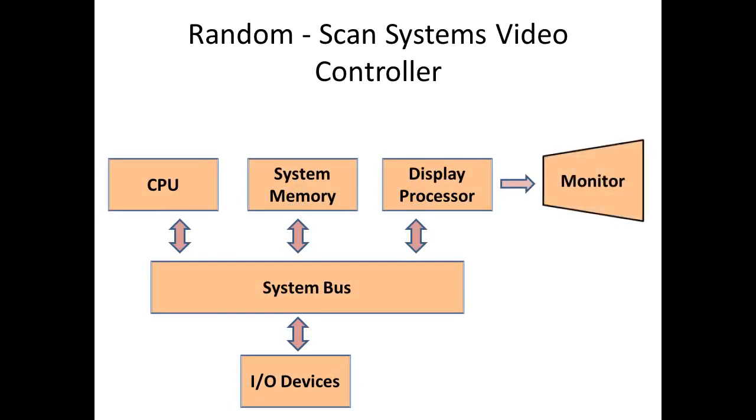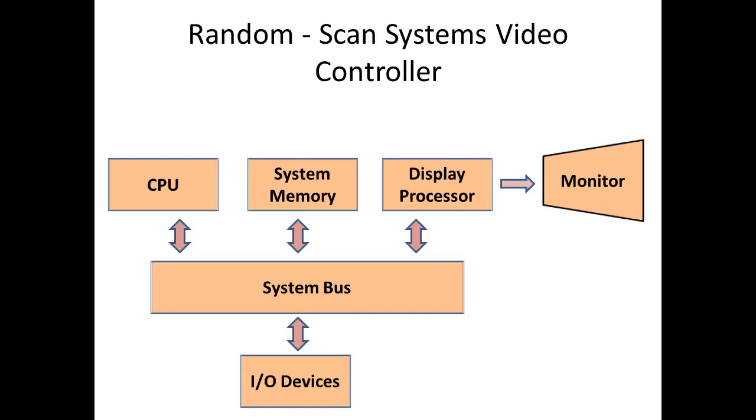The next topic, random scan systems video controller. In a simple random scan system, an application program is input and stored in the system memory along with a graphics package. Graphics commands in the application program are translated by the graphics package into a display file stored in the system memory.